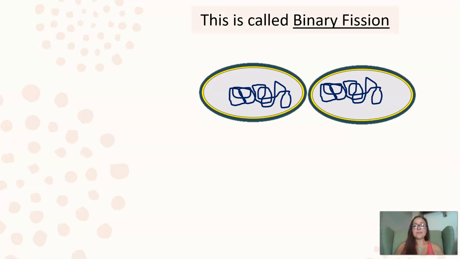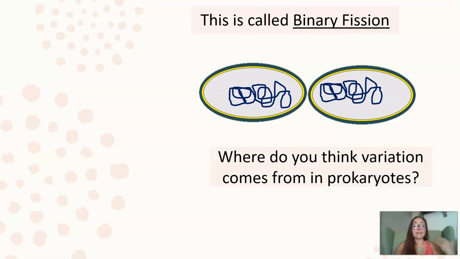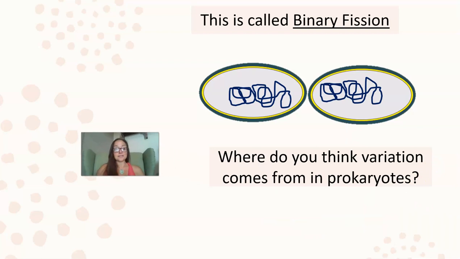Now, if we think about that, the bacterium is growing exponentially. And so if there were no mutations or no mistakes, you would have a colony of bacteria that are all exactly identical. So when we think about variation and where variation comes from in prokaryotes, there's actually quite a few different processes.